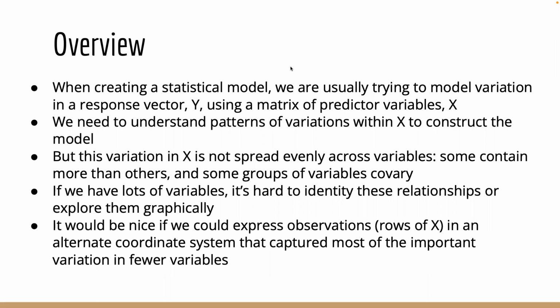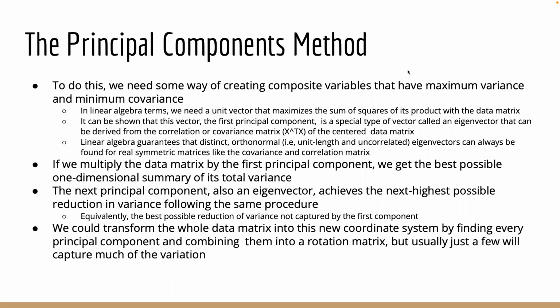To put it more formally, we need some means of creating composite variables that have maximum variance and minimum covariance with each other, so they act like dimensions in a coordinate system.